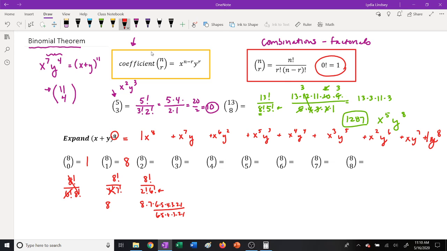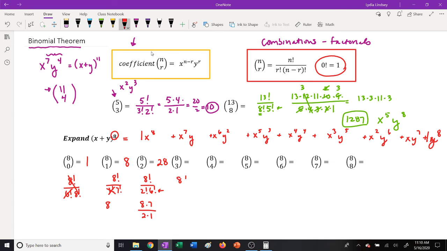So what's the point in writing all that? I'll stop when I get to that, and that just saves me a lot of extra calculations to work with that way. But I still need to say 2 times 1. So I'm going to have 56 divided by 2, which is 28.